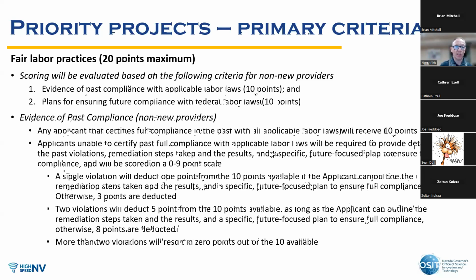Fair labor practices, this is one of those required federal criteria of evaluation. And there are two different aspects to this. One is looking at your past compliance with labor laws, and then the second piece of this is ensuring future compliance with federal labor laws.